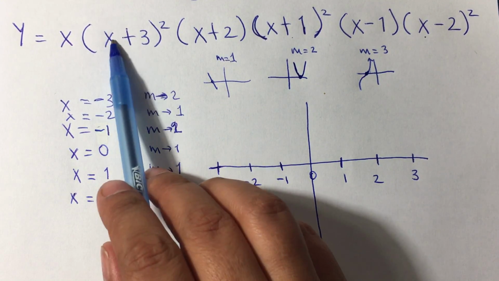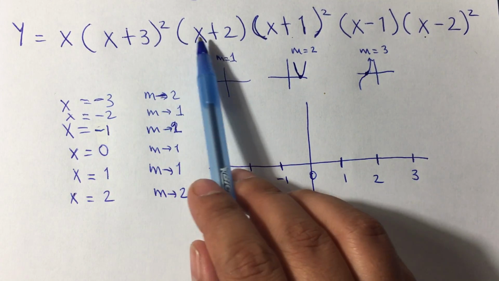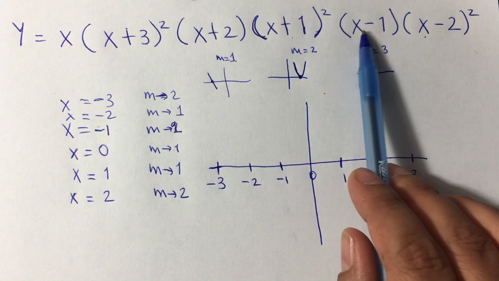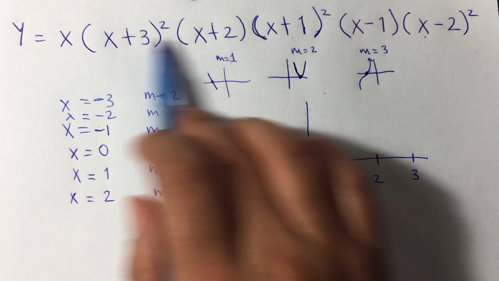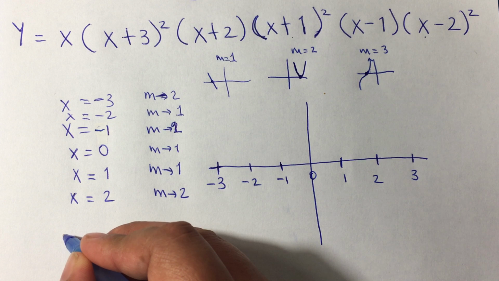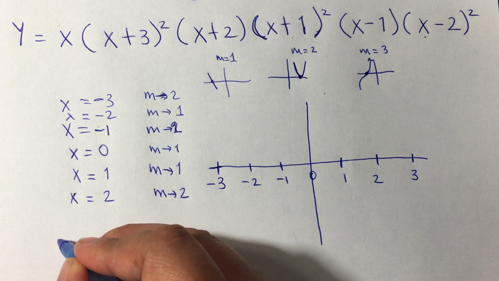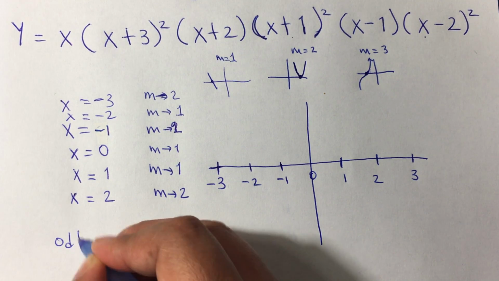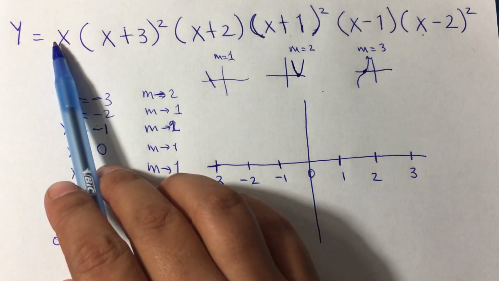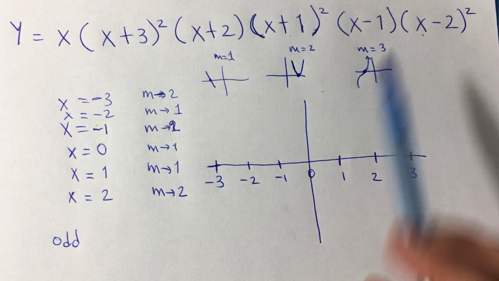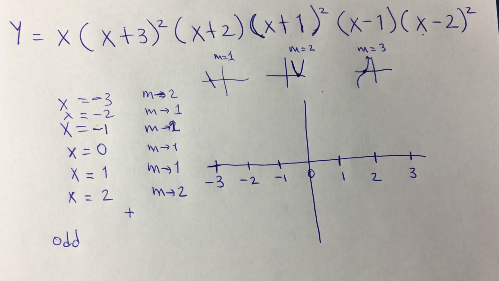It's 2 of them. So 1, 2, 3, 4, 5, 6, 7, 8, 9. 9, and all of them are positive, so that means that my degree is odd degree. And since the coefficients are all positive, the leading coefficient is positive.